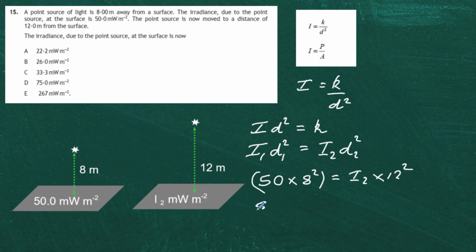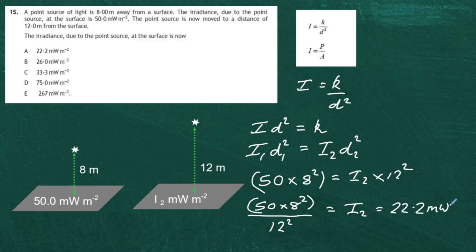So our actual sum becomes 50 times 8 all squared, divided by 12 all squared, and that's going to give us a value for I2. If we do that in our calculator, we end up with a value of 22.2, and the units which we've kept out, milliwatts per metre squared. So that's our irradiance when we move the point source to a distance of 12 metres from the surface. And the answer is going to be A for this one.